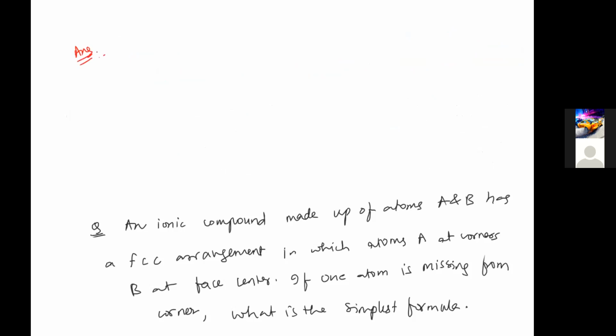See, the number of atoms at the corners which used to be 8 has now become 7, correct? As 1 is missing, the number of atoms of A will be only 7. Now, what is the contribution? Initially it was 8 into 1 by 8. Now it becomes 7 into 1 by 8, which is 7 by 8.